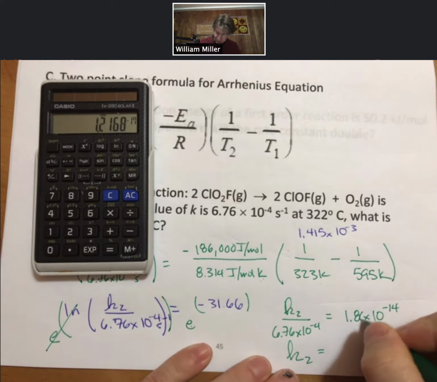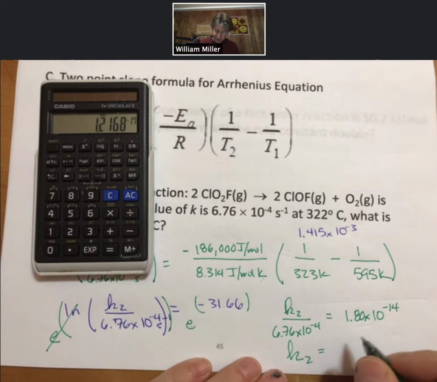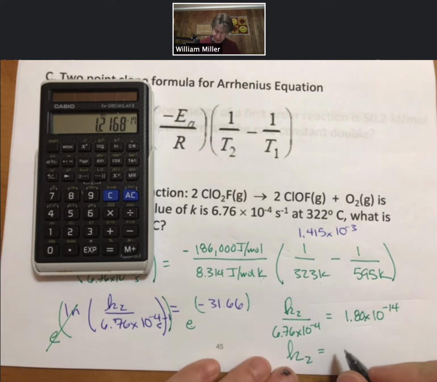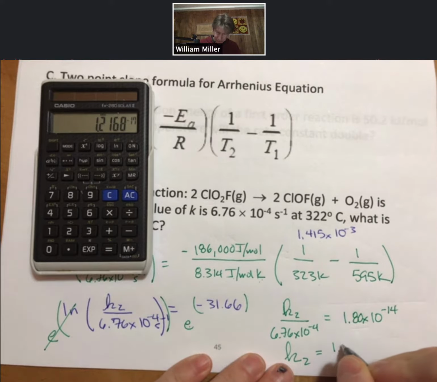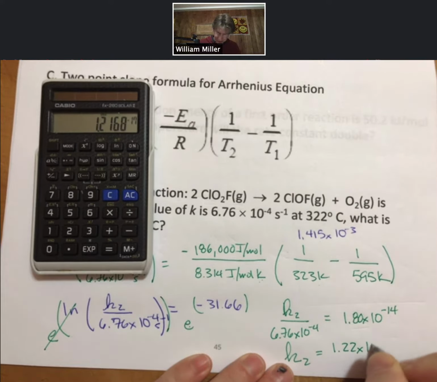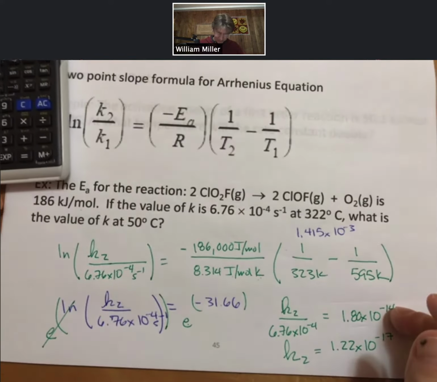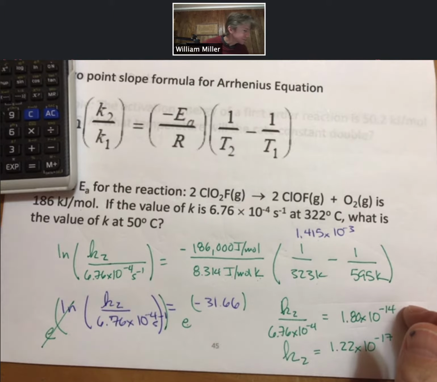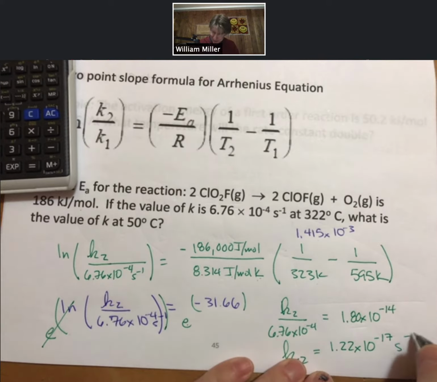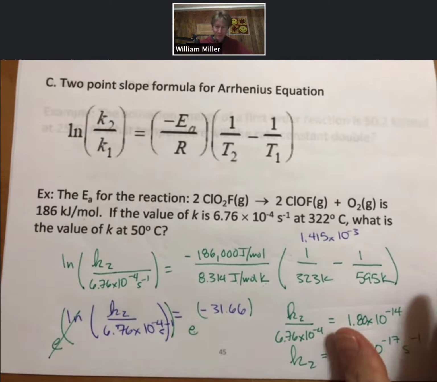I think that was 1.80, so I'll keep my 3 sig figs as normal. I did keep an extra one up there, but I always end up with 3. 1.22 times 10 to the minus 17. Yes. Good. Just making sure I actually worked that out correctly with my notes.